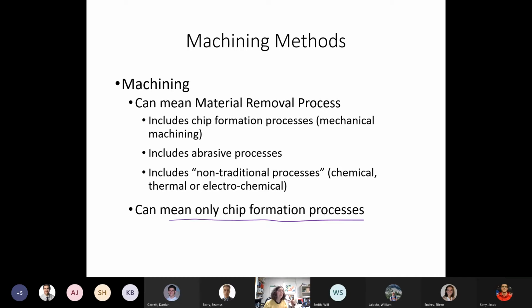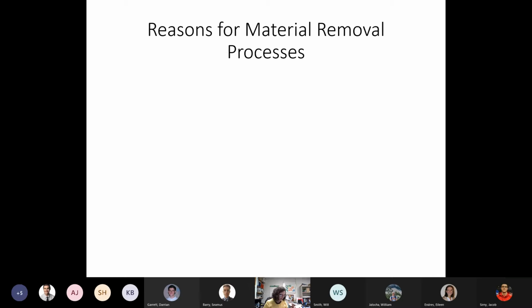But then again, when we talk about specifically chip formation, the majority of machining is that classic chip formation. So let's look at the reasons for material removal processes, and notice that I say that rather than machining. We're going to go through the list.